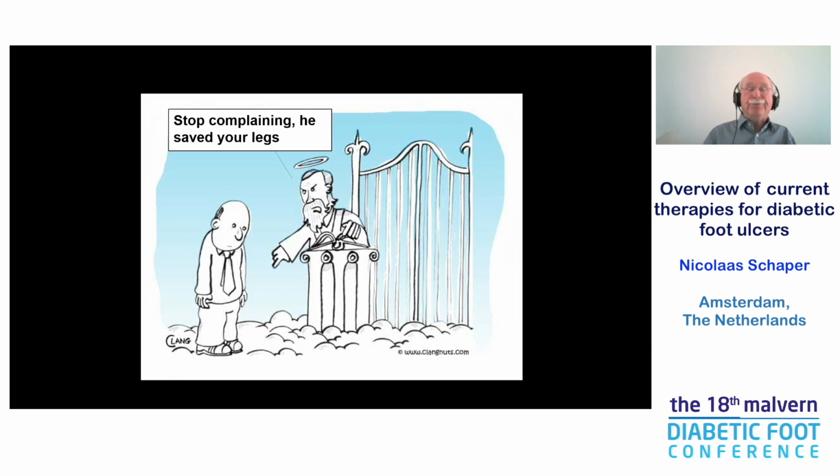But that's not all, because we put a lot of emphasis on saving the leg. But actually, 50% of the patients will be dead within a few years after you've treated them.